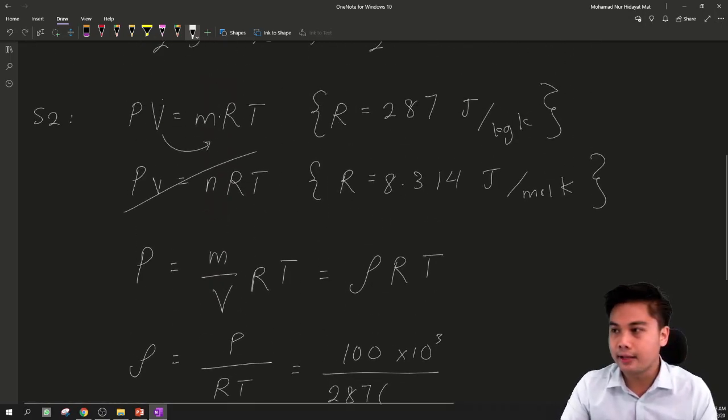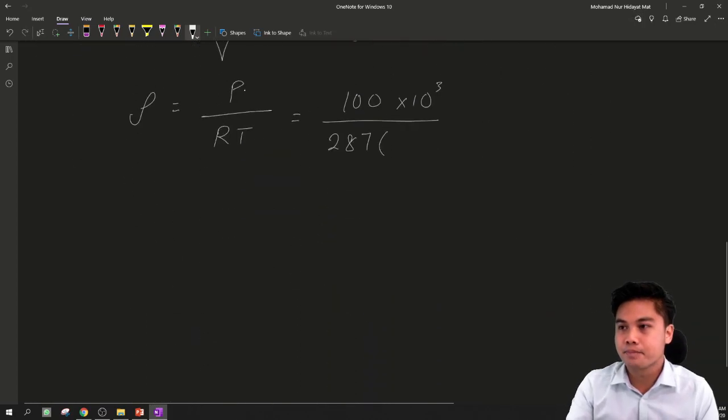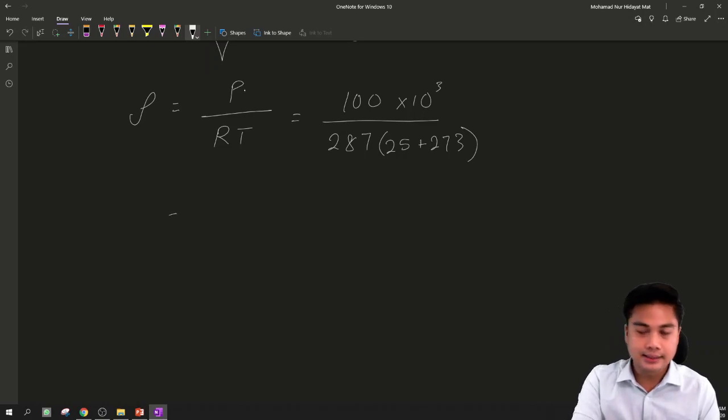Make sure the temperature is in Kelvin, so 25 plus 273. Thus, the density is 1.17 kilogram per cubic meter.